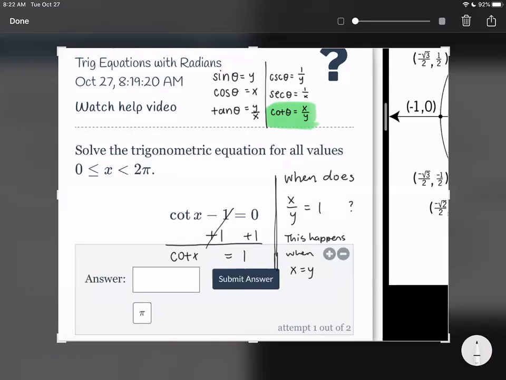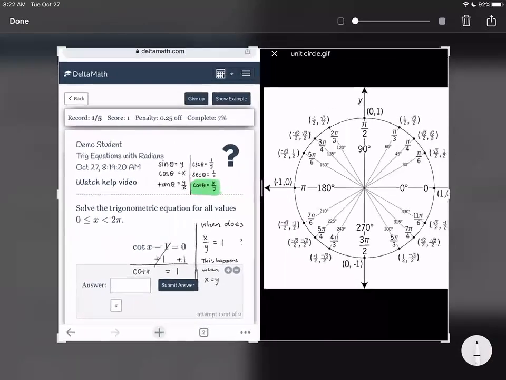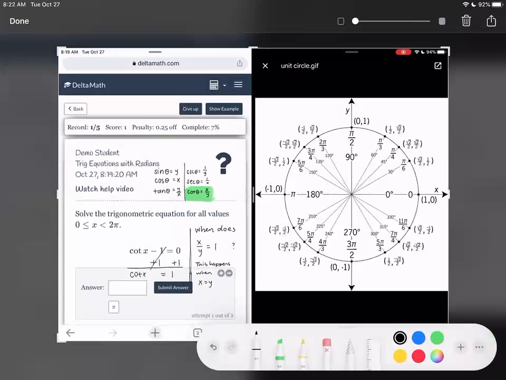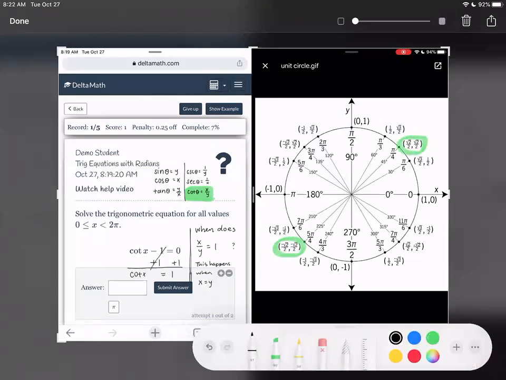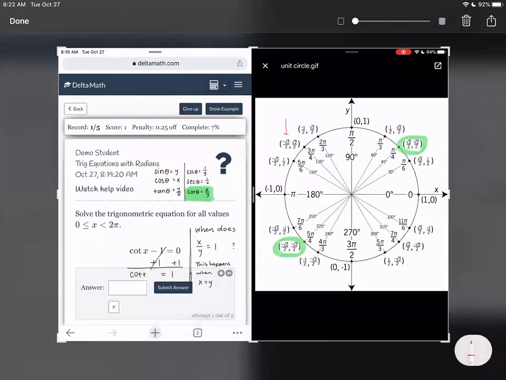This happens on our unit circle in only two spots. Right over here, when your x and your y are both negative radical 2 over 2, and over here, when your x and the y are both positive radical 2 over 2. Some of you might be wondering, what about these places? What about these?